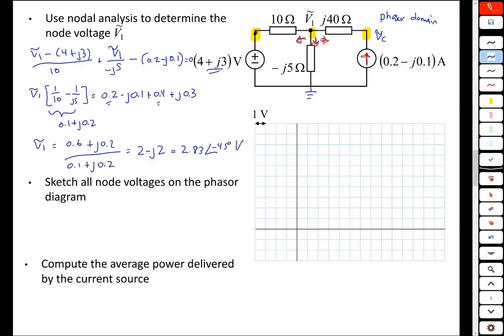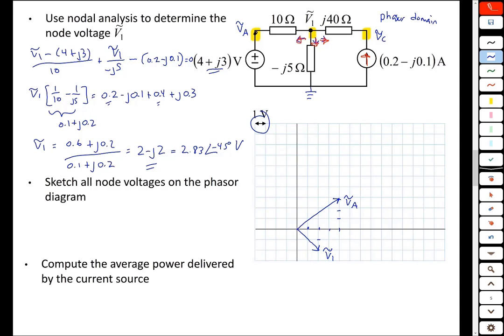Okay, so the first one, 4 plus j3, and we're told that each of these blocks is 1 volt, so 1, 2, 3, 4, plus 1, 1, 1. So this is VA, we'll call it. V1, we just solved for, 2 minus j2, 1, 2, minus j2. So V1 phasor is that.